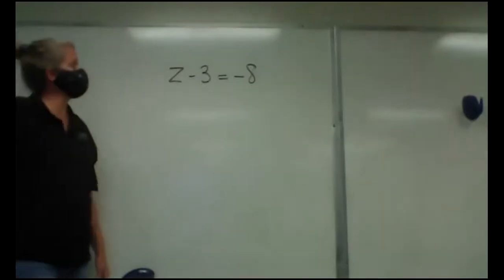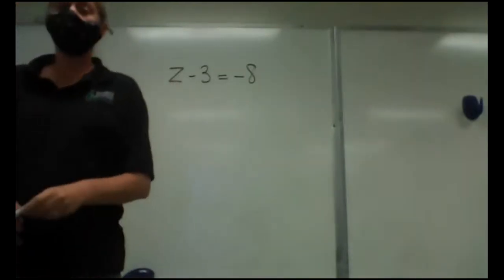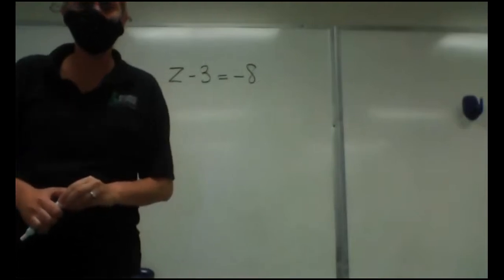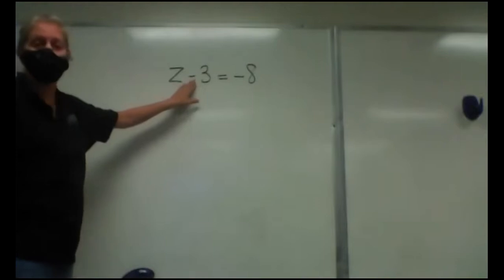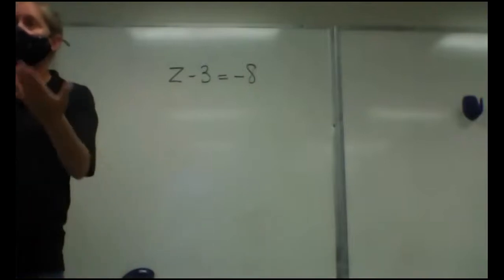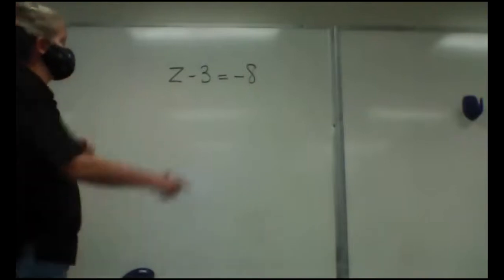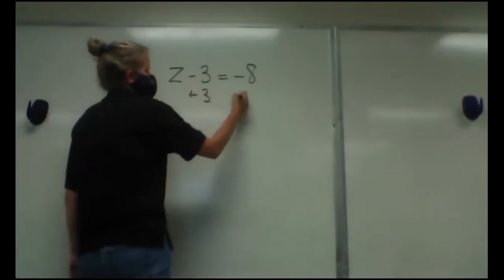So let's see on this one. This time Z, it doesn't matter what letter it is, it wants to be alone. Getting rid of minus 3. What's the opposite of doing subtraction? That would be adding this time, right? So to get rid of minus, I'm going to plus 3.